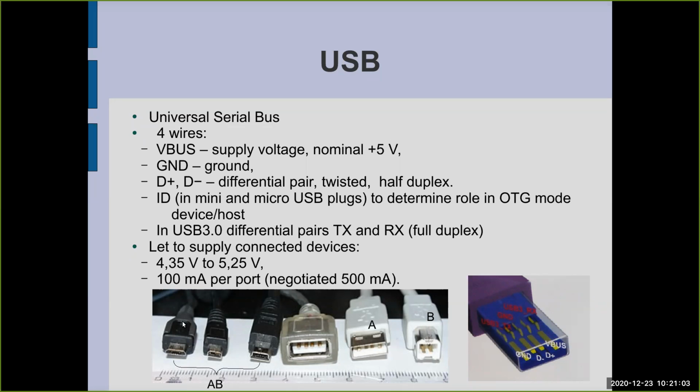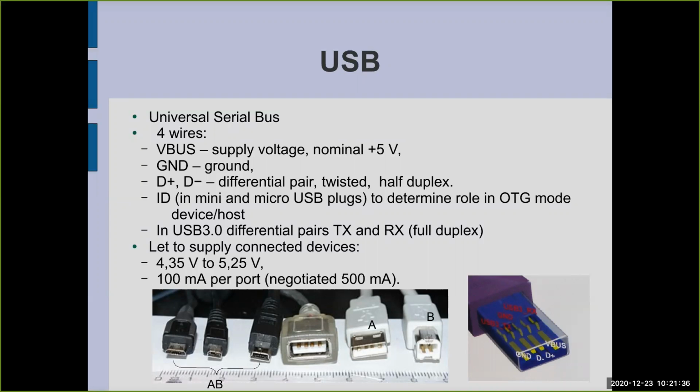But if we have, for example, micro USB, or okay, USB-C is not in fact a USB interface because it's only a connector for many purposes. If we have the mini or micro USB connectors, they are AB, so they can be connected both to host and device.